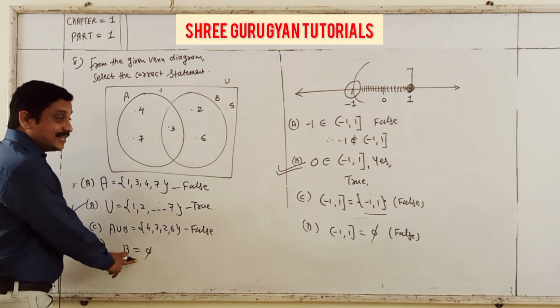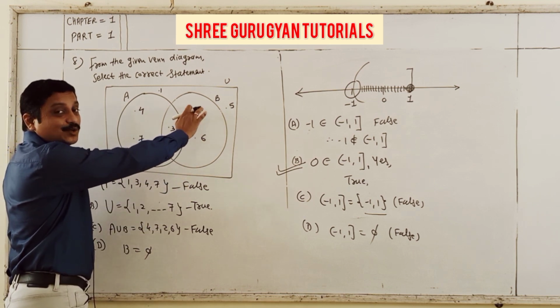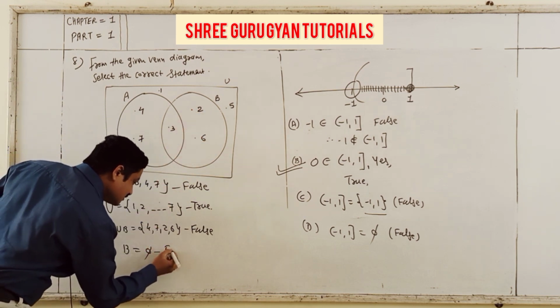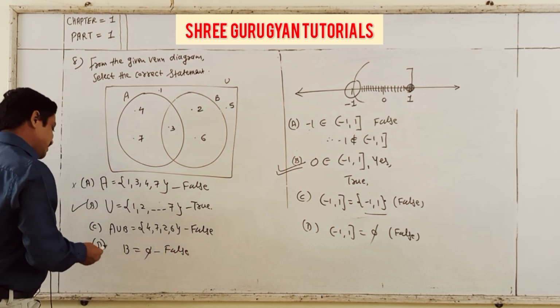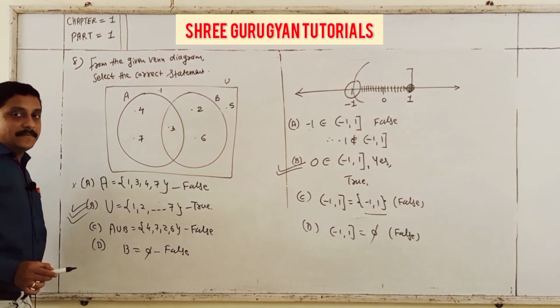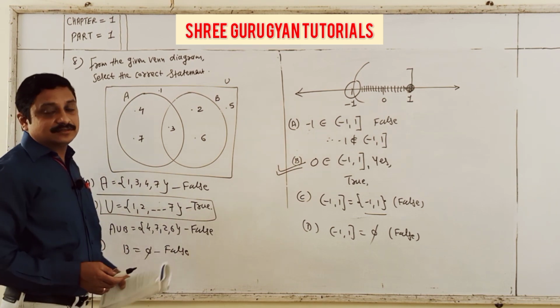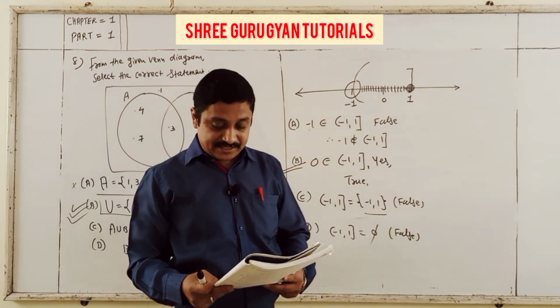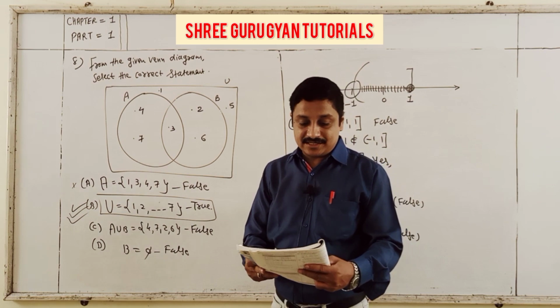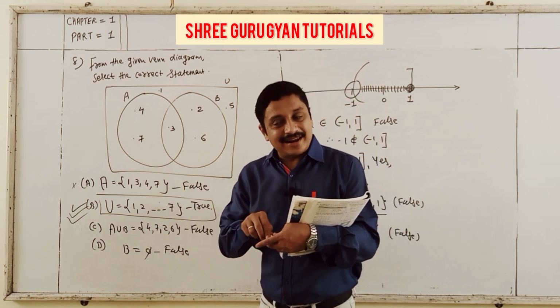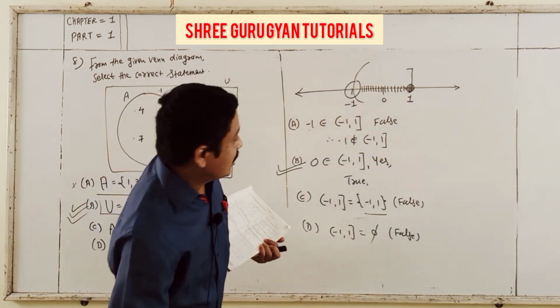And B has a null set? No, it has some elements: 2, 3, 6. This is also false. So my correct answer is B, and tick mark B with the solution. Yes. Now moving towards one more question. Similarly, you decide your answers.